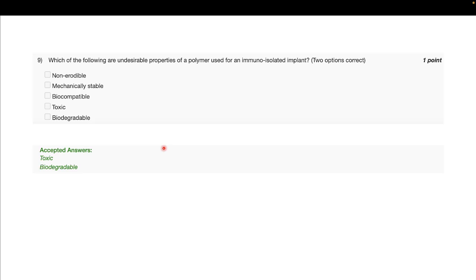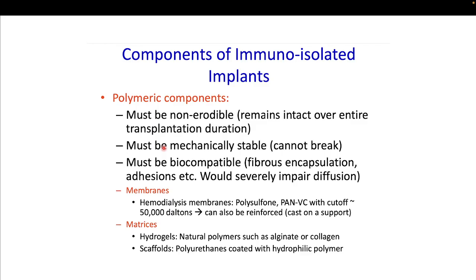So it shouldn't be toxic and it shouldn't be biodegradable, because we just discussed in the previous question as well. If it starts degrading, it will eventually expose the therapeutic cells to the immune system, and then your therapeutic cells will be degraded there, and then the protein will no longer be produced in the body. So yeah, your polymer shouldn't be toxic and it shouldn't be biodegradable.